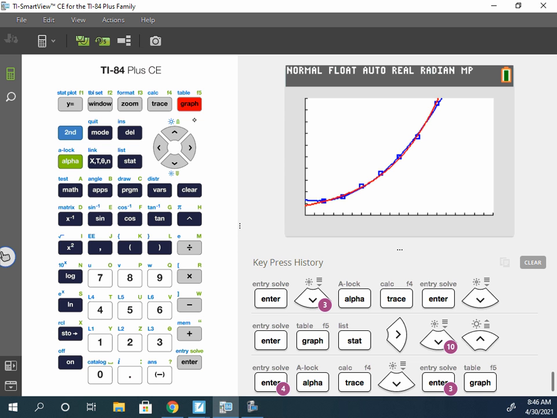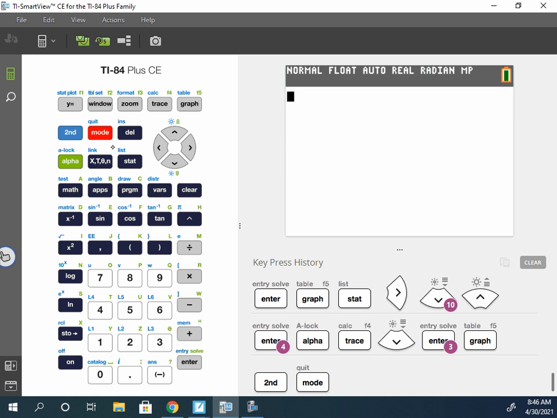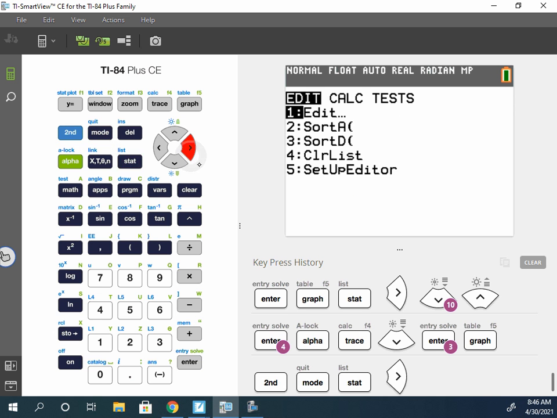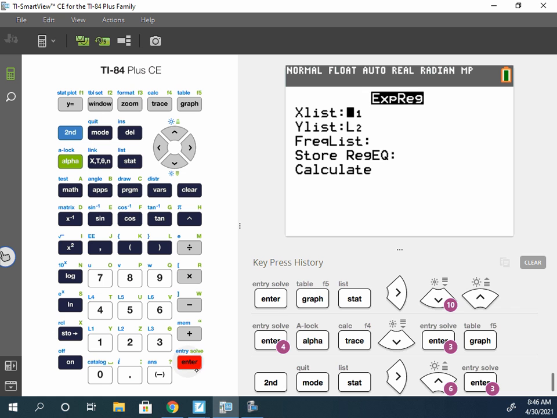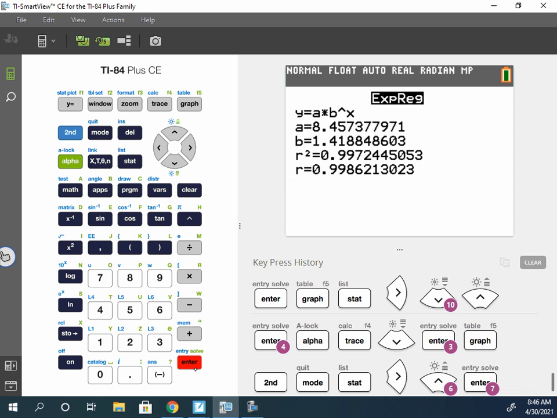So questions on this here? I'm going to hit a few buttons real quick. And what I'm really going back to is this here. Okay. Hopefully I didn't hit it too many times. Here is our equation. Now, if it's asking us what the equation is, we can use this to figure it out.